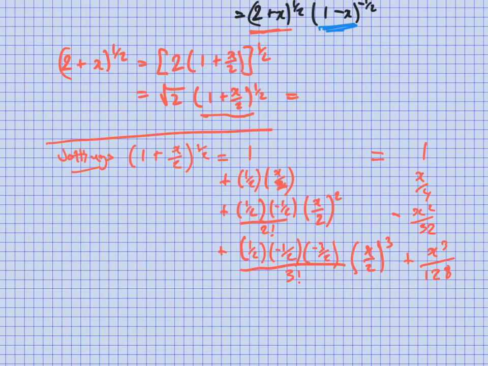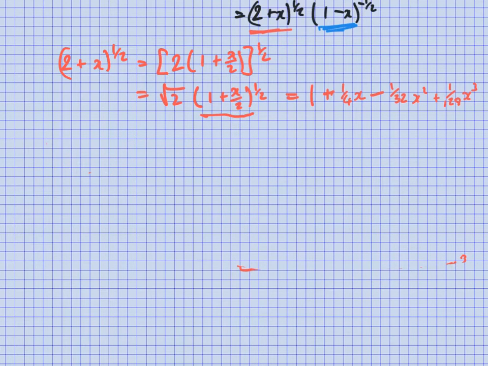So let me just delete that part there. And so now I've rewritten that so that we can see the red bit. (2 plus x) to the half is equal to 1 plus a quarter x minus a 32nd x squared plus 1/128 of x cubed.